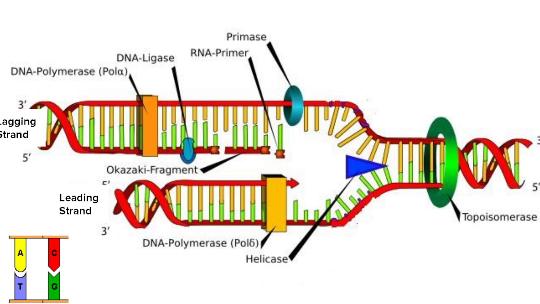All right, what we do see here is the unzipping and unwinding of DNA. All right, so over here on this right side, we have the regular parent strand of DNA. Right. Topoisomerase is an enzyme that just straightens it out. That's all it does. It unbends it so that it's straight. Then we have helicase here, which looks like this blue triangle. That's not the actual shape, just saying that's what it is here.